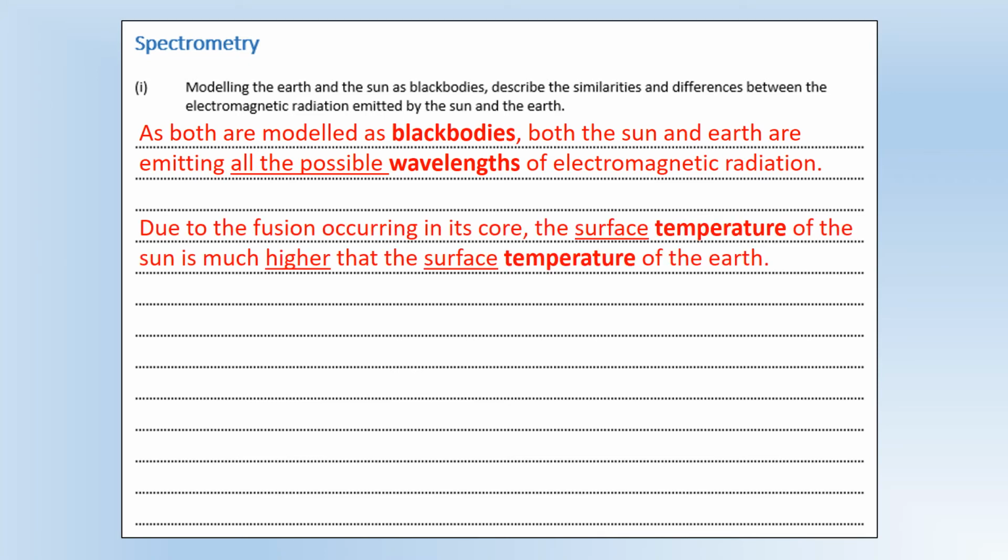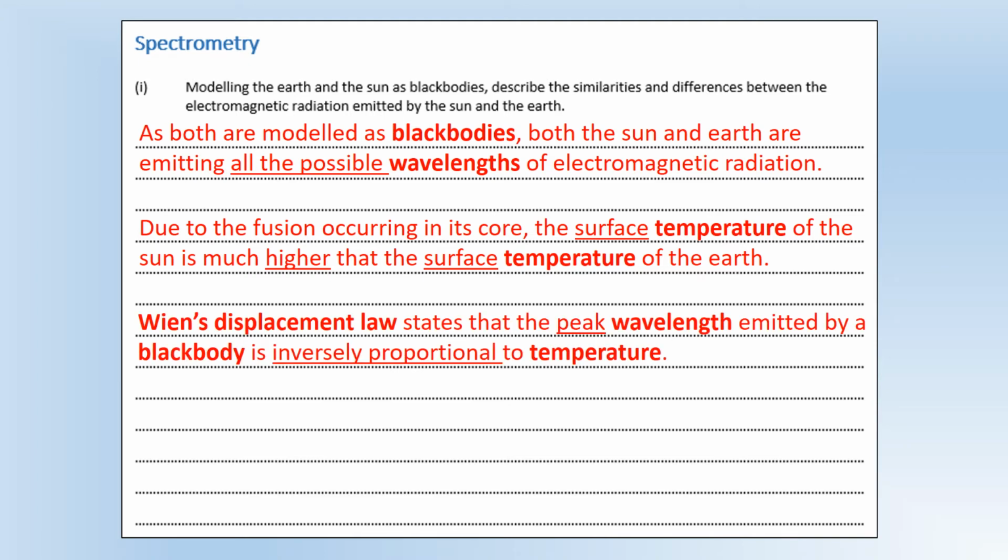The difference is the temperature of the 2. The surface temperature of the Sun is going to be much higher than the surface temperature of Earth, and that's because fusion is happening in a star, whereas the Earth is just receiving energy from the Sun. So the way we can explain the difference is using Wien's displacement law.